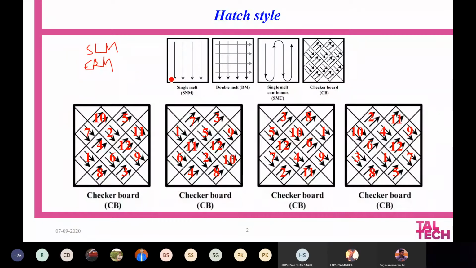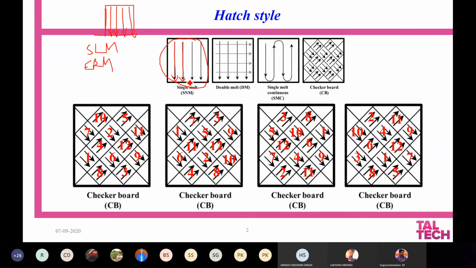Generally, if you have a powder bed, the energy source will always melt in a straight line fashion and there's a trend to continue the same way throughout the entire powder bed. This is the normal fashion which is being used, and the melting direction between two melting sequences is more or less the same generally.